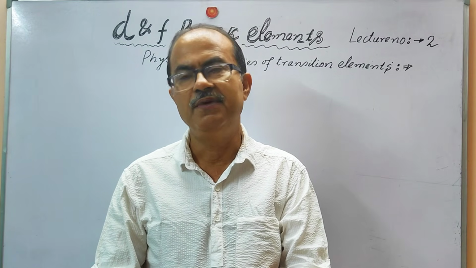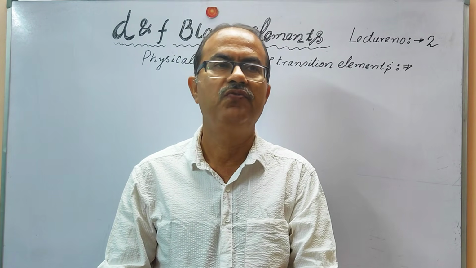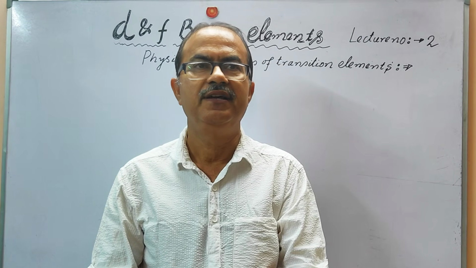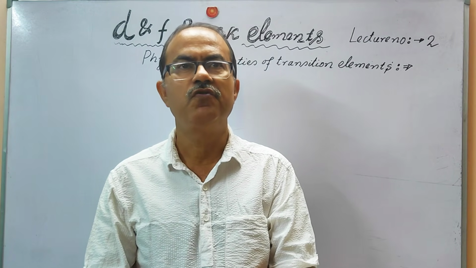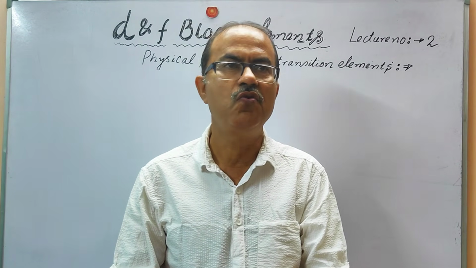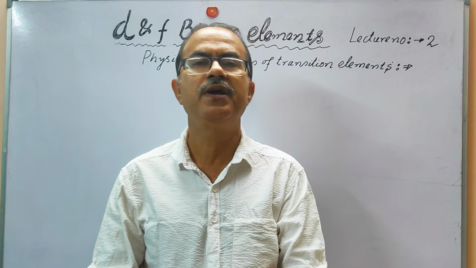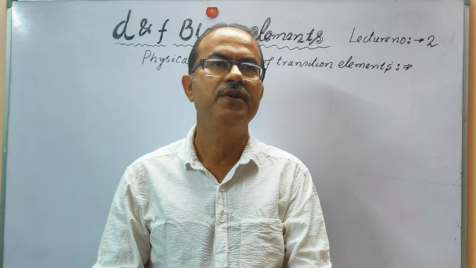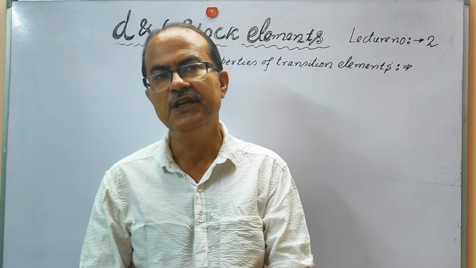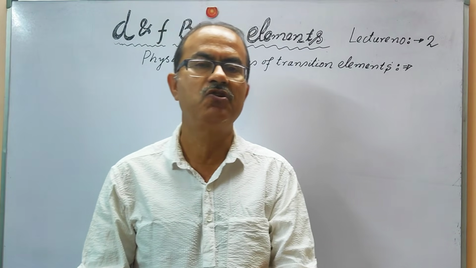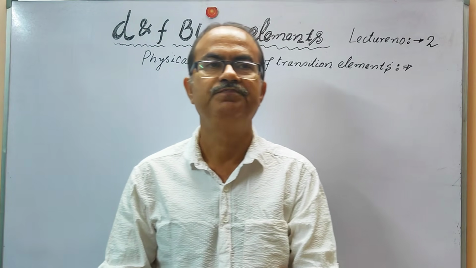All the transition elements, if you recollect, you will find the electronic configurations. Because we know the chemical properties of any element depend on the electronic configuration of the valence shell.